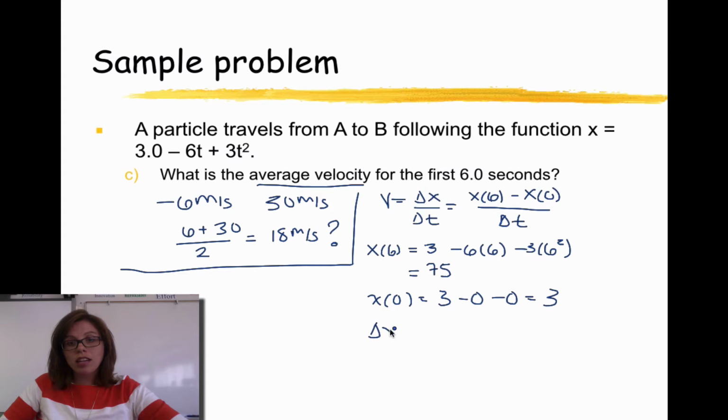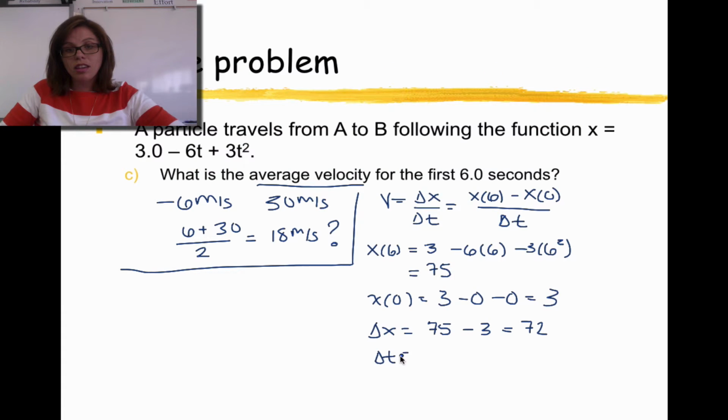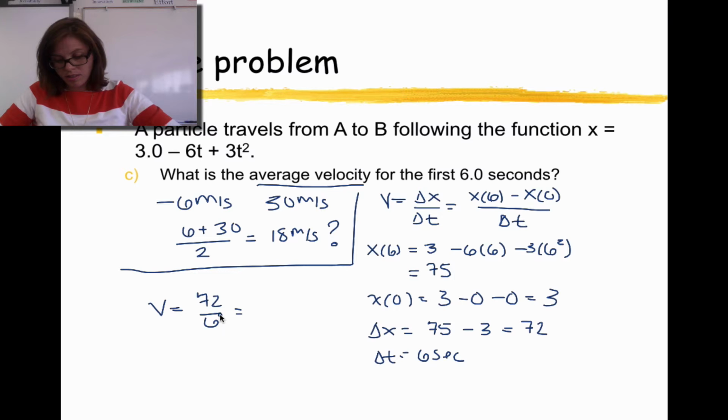So our change in x is 75 minus 3. That's 72. And our time is 6 seconds. So our velocity is equal to 72 divided by 6, which equals 12.